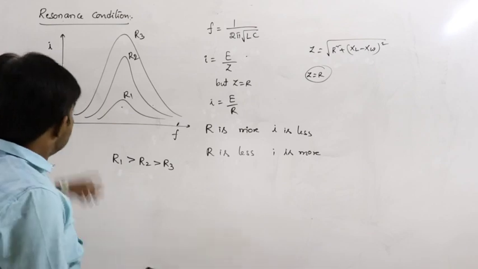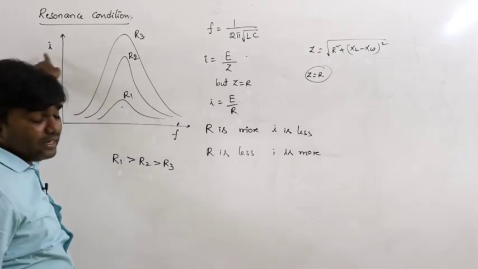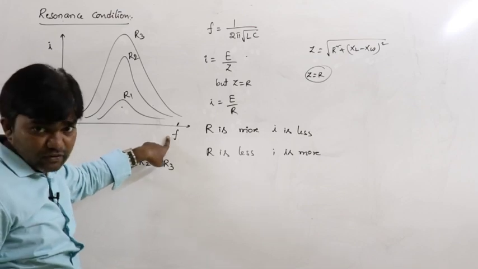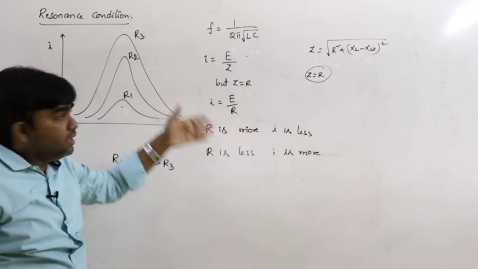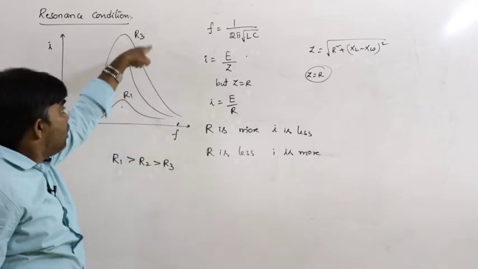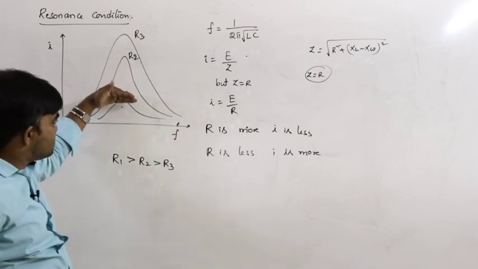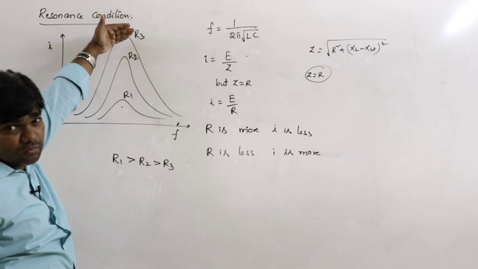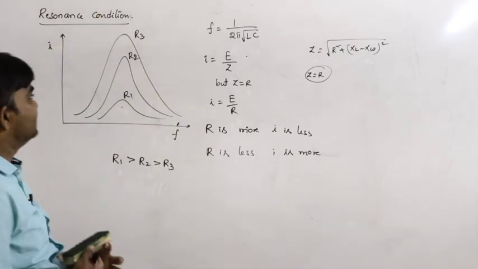This is the graph between current and alternating frequency, but how can you decide the value of resistance? If the curves are given like this, how can you decide the resistance values? If the resistance is less, the peak value of current is more. If the resistance is more, the peak value of the current is less.